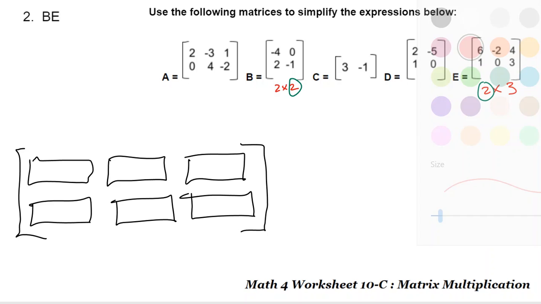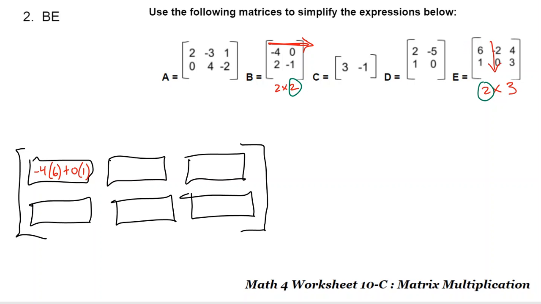So I can draw them like row 1 and column 1. I'm going to get -4 times 6 and 0 times 1. And then we're going to switch it up to the middle column.